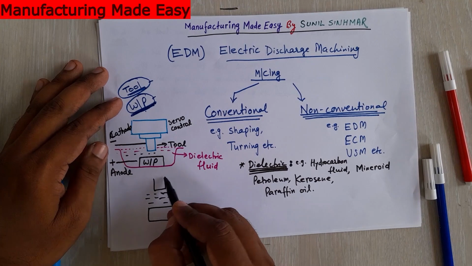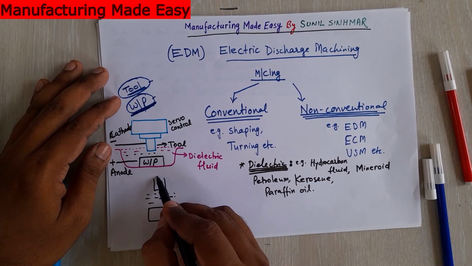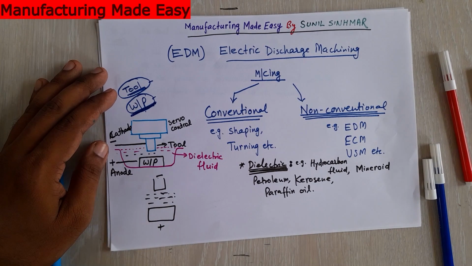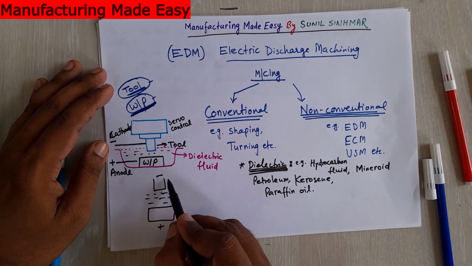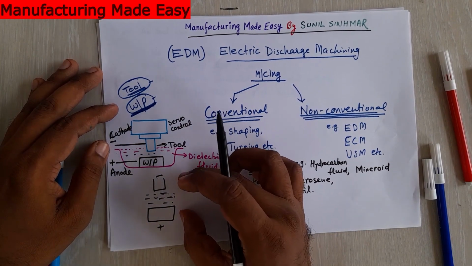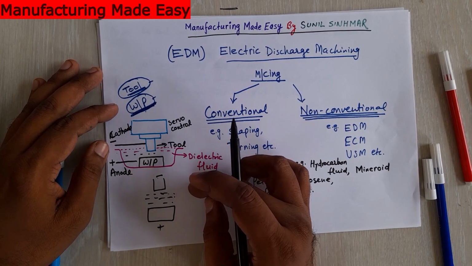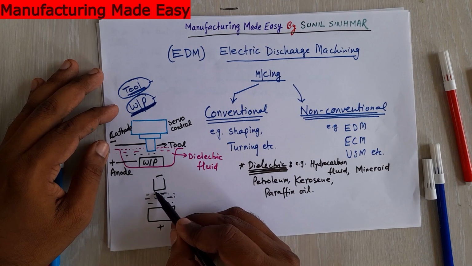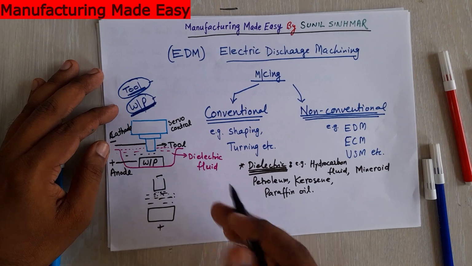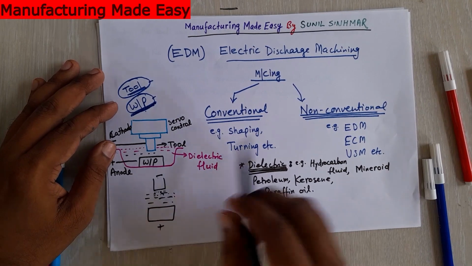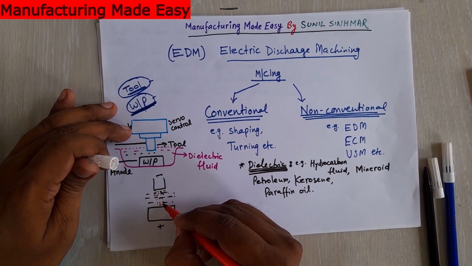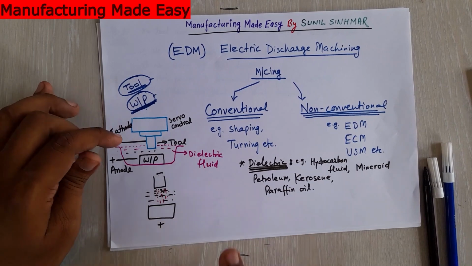So first, as we have given the negative potential to the tool and positive to the workpiece, as we start the supply of the electric current, there is a potential difference between tool and workpiece, and due to this potential difference a very strong electrostatic field is established between the tool and workpiece.